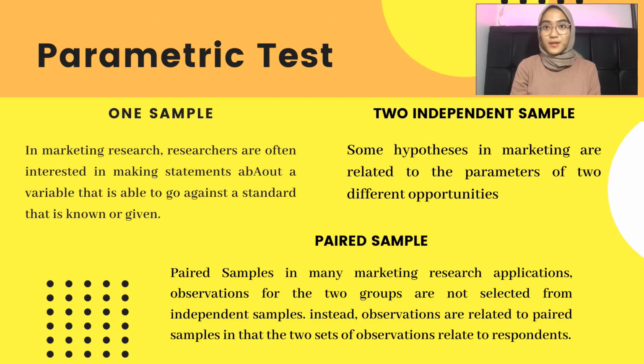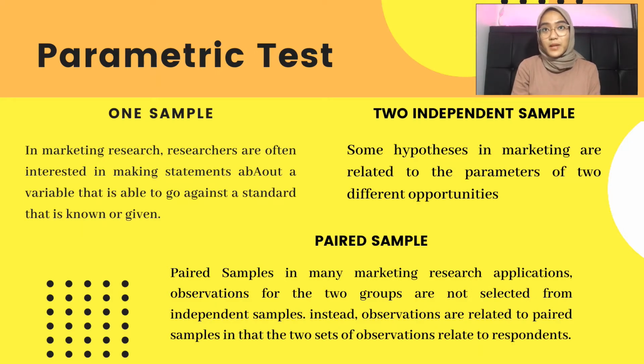There are one sample, two independent samples, and paired samples. One sample: in marketing research, researchers are often interested in making statements about a variable compared against a standard that is known or given. Two independent samples: some hypotheses in marketing relate to the parameters of two different populations.